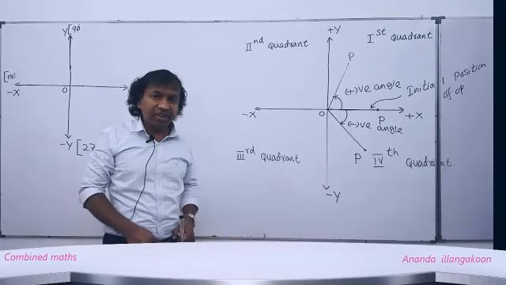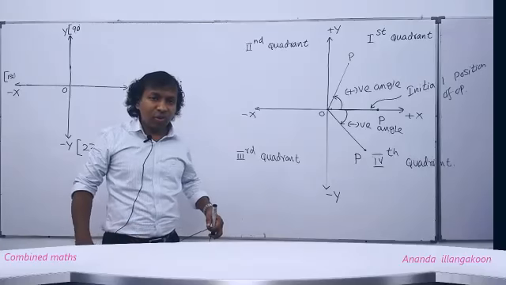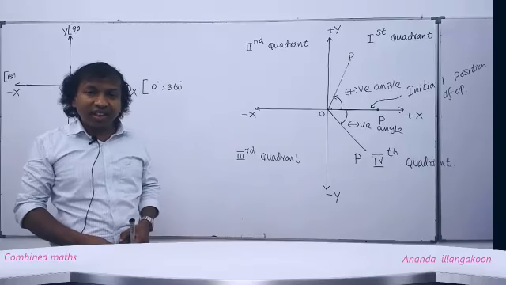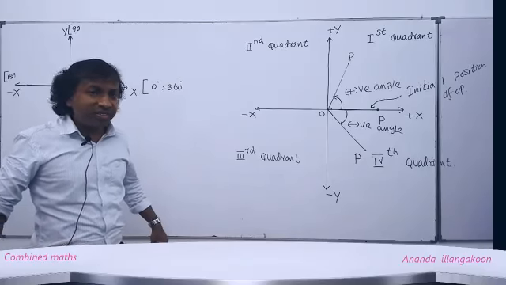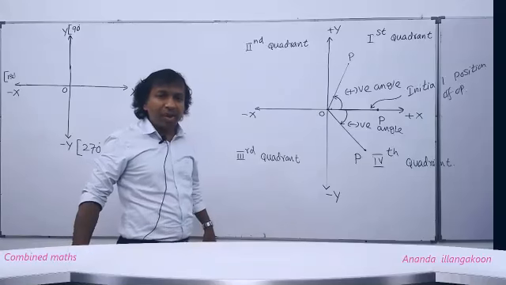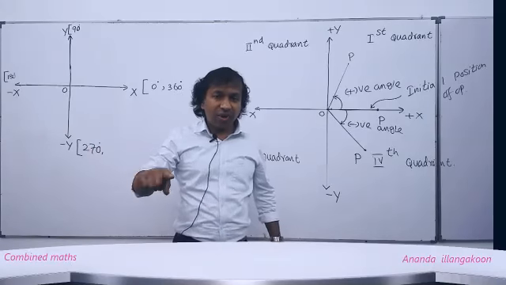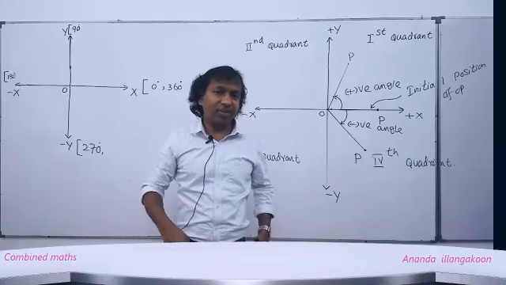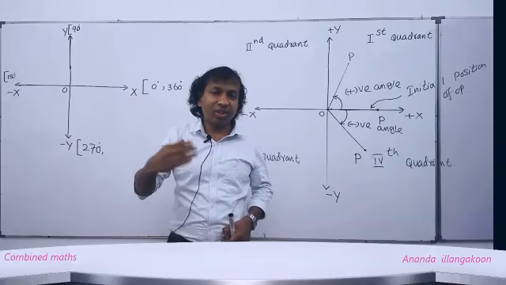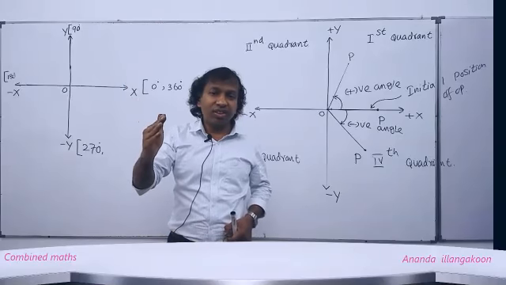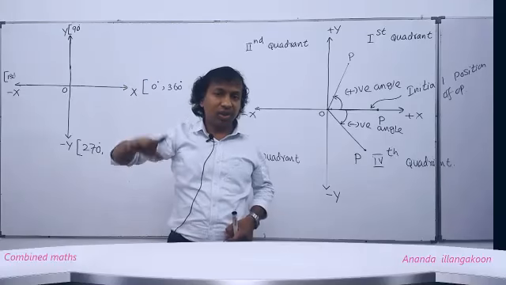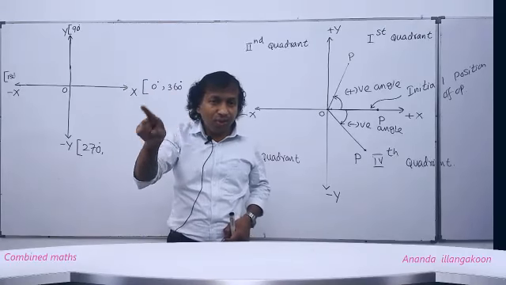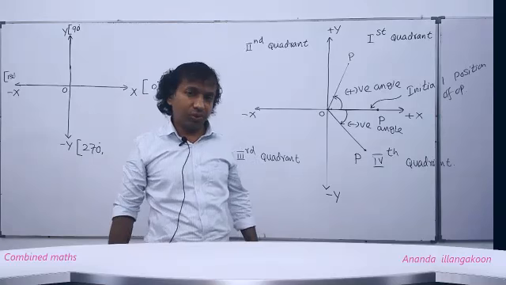Now you understand that it is not 360. As the number of rounds of this OP increases, the angle also increases. So the angle can take any value. That depends on the number of rounds that OP rotates about O. Understood?